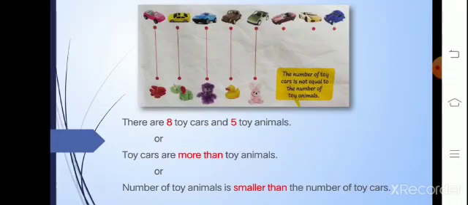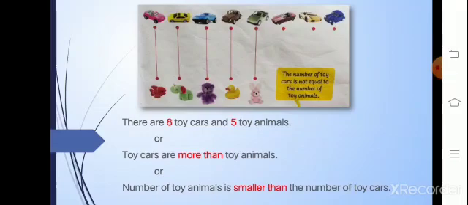So toy cars are more than toy animals, or we can say that toy animals are less than toy cars. The number of toy cars is greater than the number of toy animals, or we can also say the number of toy animals is smaller than toy cars.